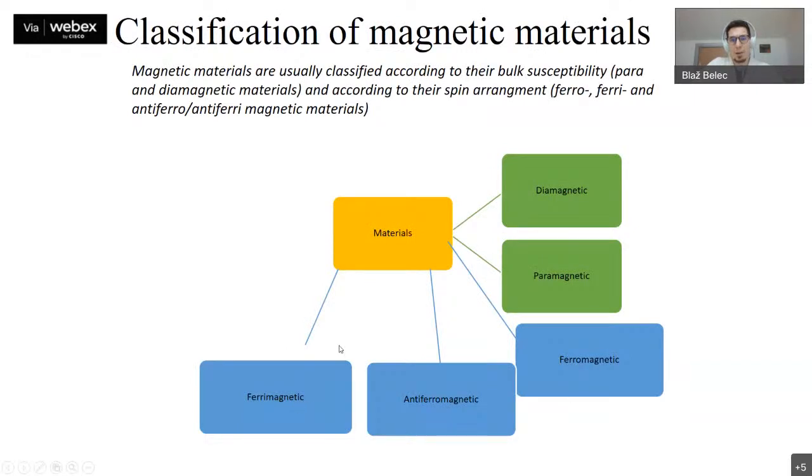Those blue ones are classified according to the spin arrangement. Dia and paramagnetic are classified according to the susceptibility. As you will see later, we got negative susceptibility, positive susceptibility, and also those got positive susceptibility, but with some small differences.